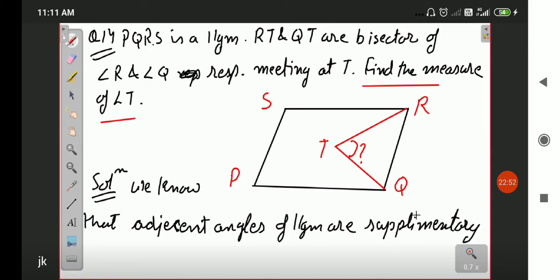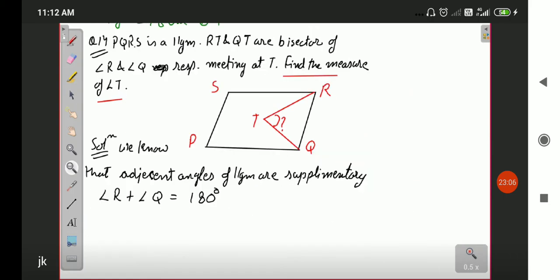Adjacent angles of a parallelogram are supplementary. That means angle R plus angle Q will be equal to 180 degrees. Next, I am going to divide this equation by 2.